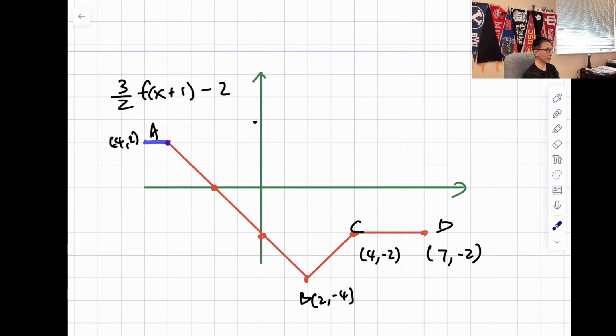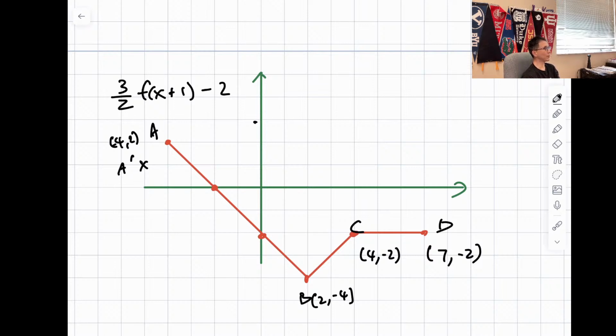You say -1, right? Yeah. So move left 1 and multiply by 3/2. So 2 times 3/2 is what? 3, right? And then go down 2. Yep, perfect. This is your A prime. Nice job.